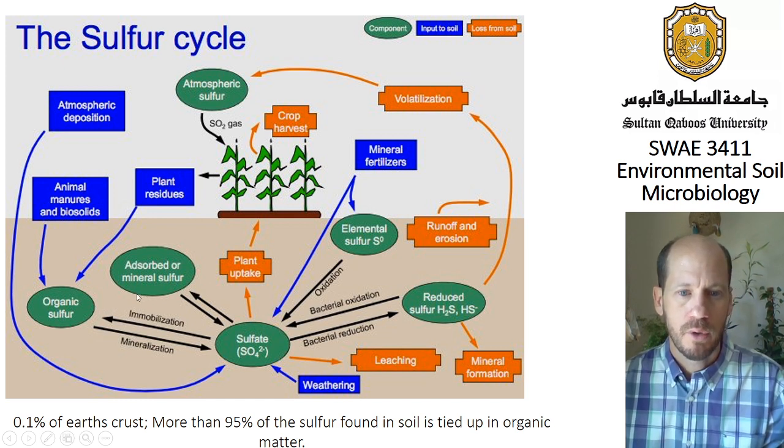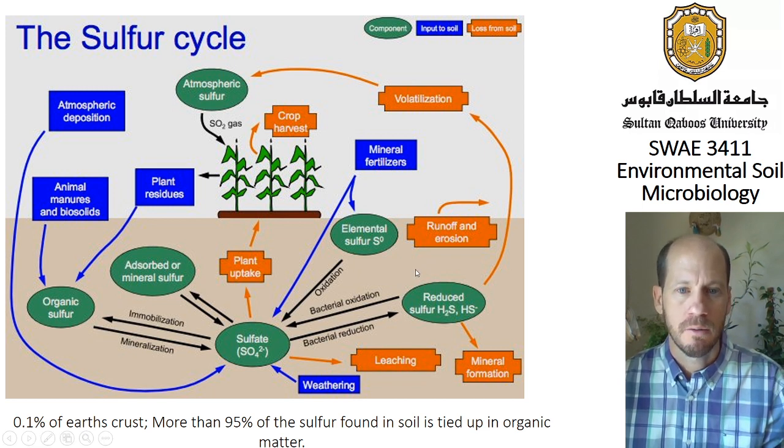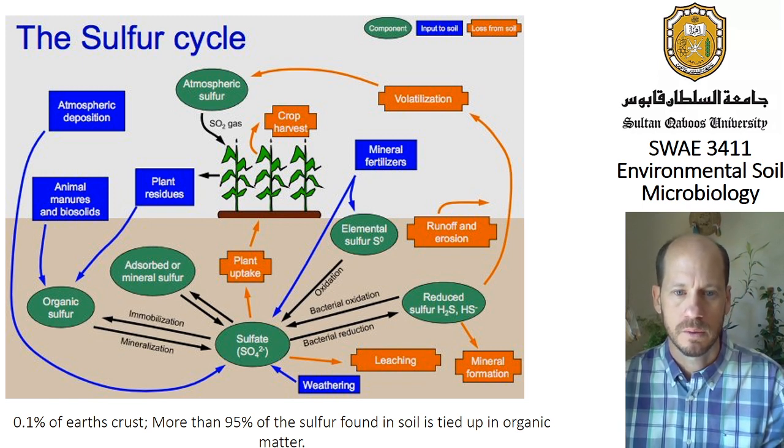So whenever you have reducing conditions in the soil, or say anaerobic conditions, or waterlogging, for example, you're going to have a reduction of the sulfur, with formation of elemental sulfur and sulfides. And whenever you have oxic conditions, you will have the oxidation of these reduced sulfur molecules.